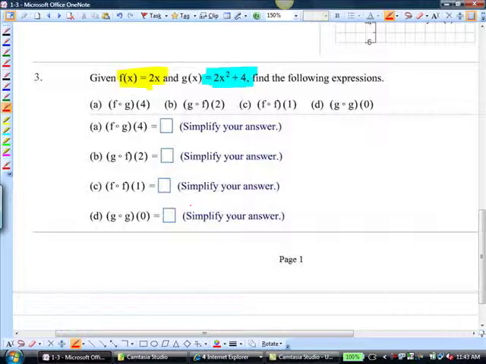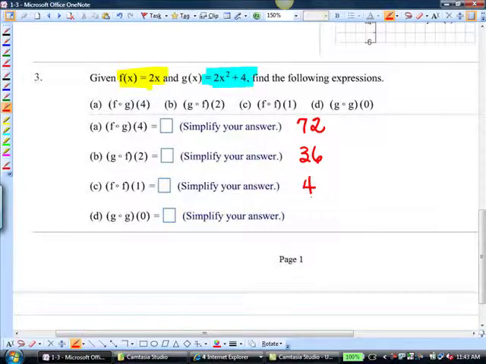All right. Somebody help me out. What's f of g of 4? 72. Okay. How about g of f of 2? F of 1? 4.